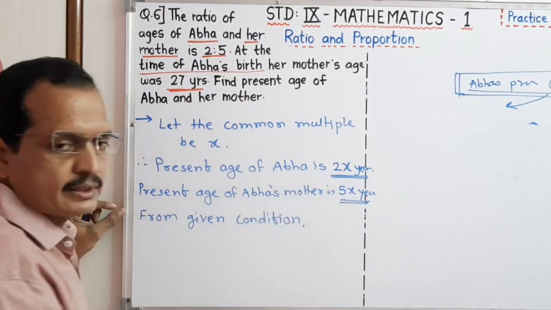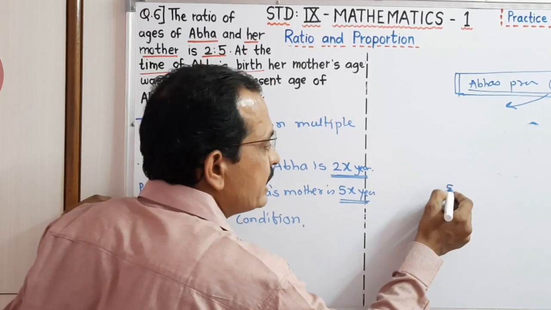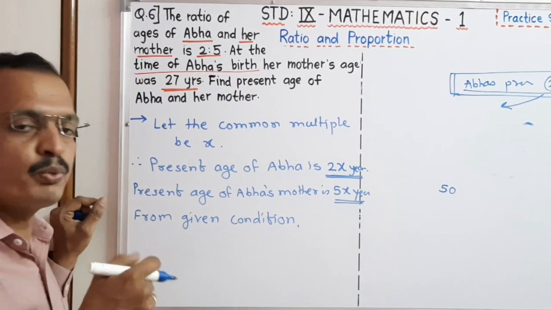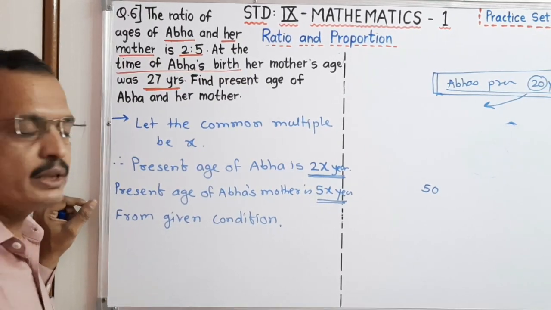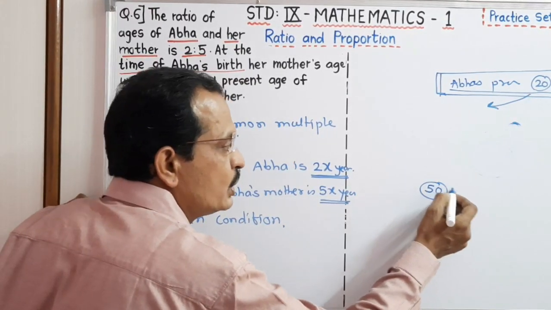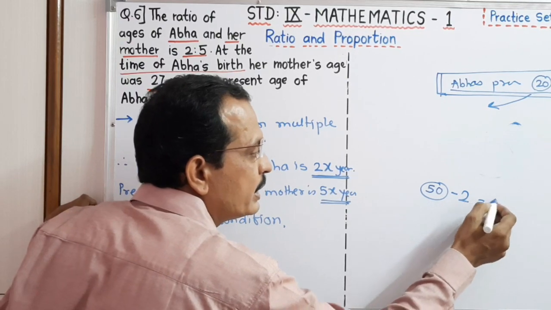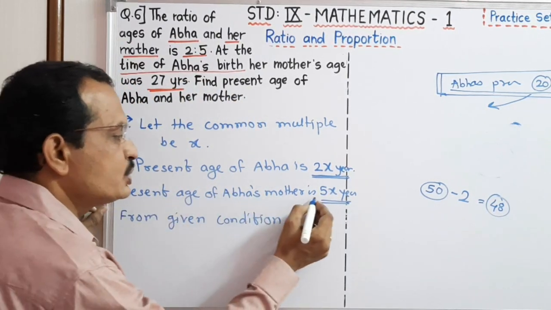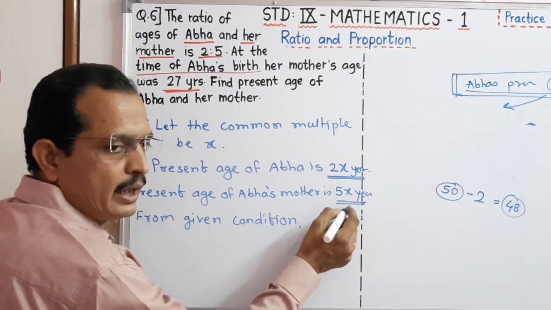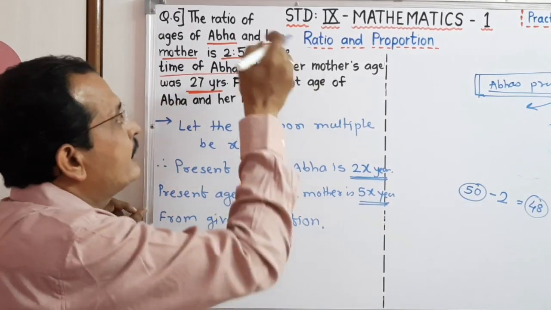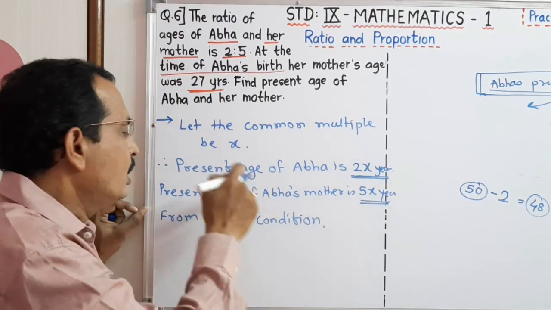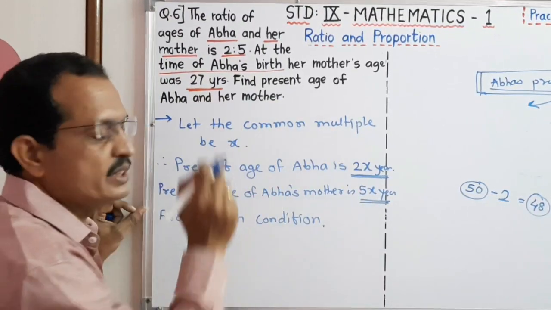Suppose today's age is 50 years and I want to know the age before 2 years. Before 2 years means from today's age we have to subtract 2, then it is 48 years. Got it? Now here, the present age of Abba's mother is 5x, and at the time of her birth, that means 2x years ago, her mother's age was 27.